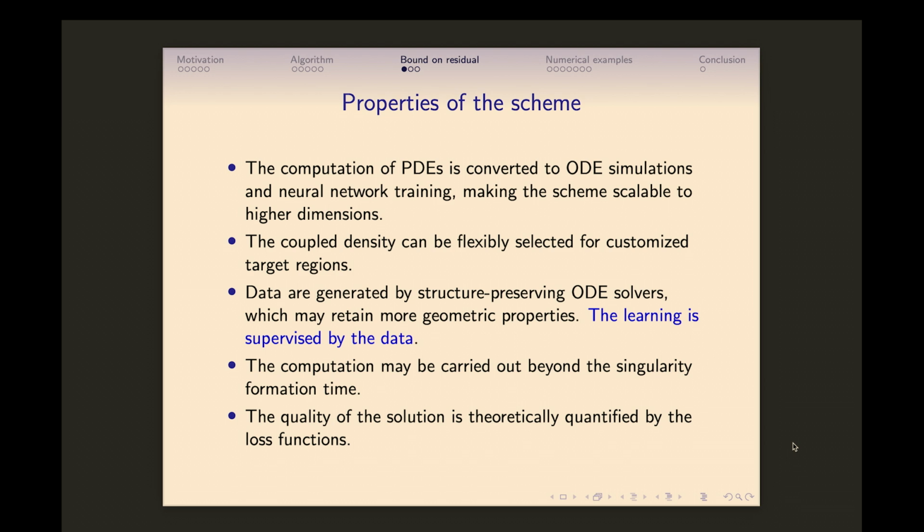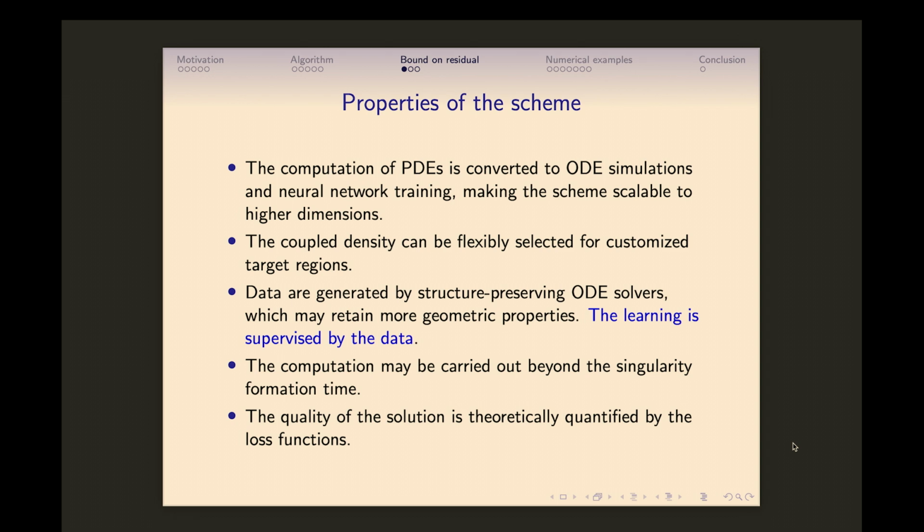The computation of the PDE is converted into an ODE simulation. And you need a lot of particles, which sometimes becomes unpleasant. It depends on how many particles you use. And of course, that depends on the dimension and on the application that you need.